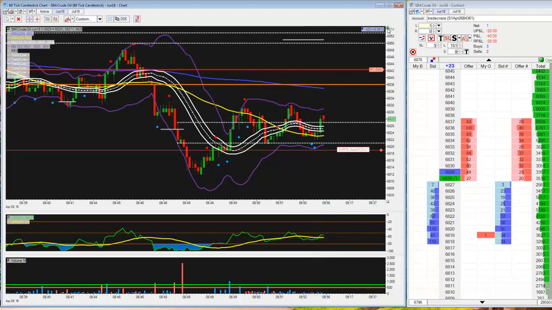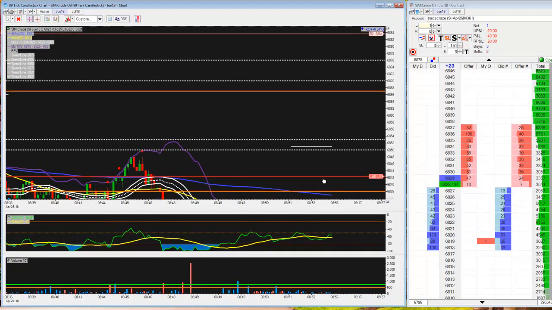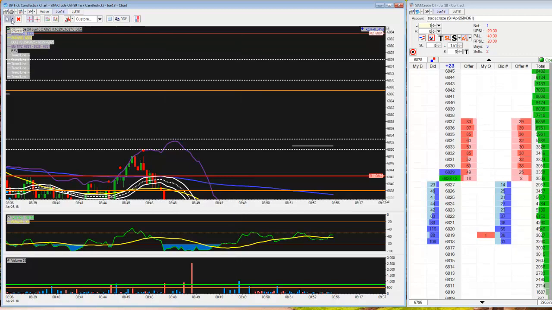2P up move if we can get it. Brings the market to 68.72. It brings it into the high of session.